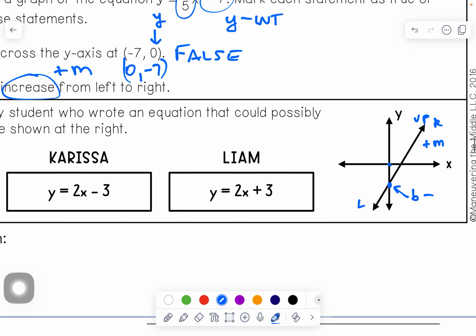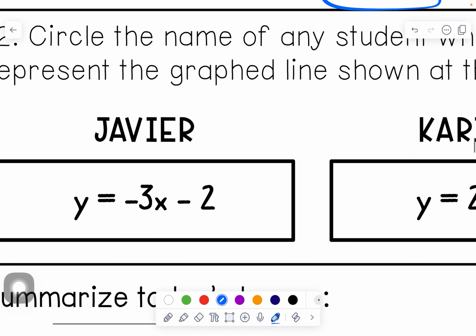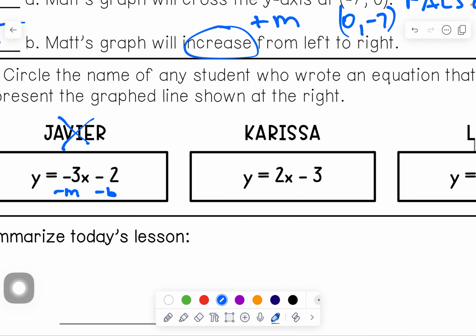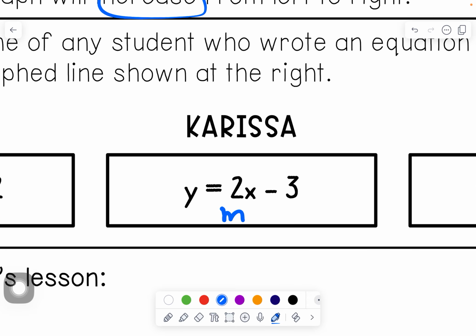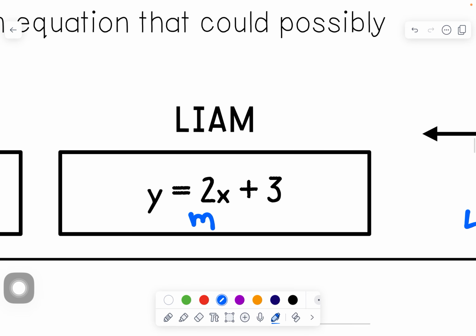So I'm looking for a positive m and a negative b. Javier has a negative m and a negative b, so it cannot be him. Carissa has a positive m and a negative b, so it could be her. Liam has a positive m and a positive b, so it cannot be Liam.